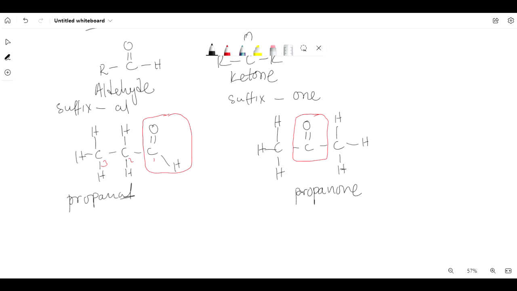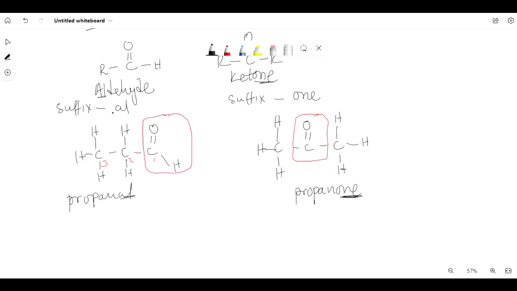The one comes from the ketone, and the al comes from the aldehyde. Don't confuse the two. The ketone owns the one, it means that its name will have a one, and then the aldehyde will have an al as well.